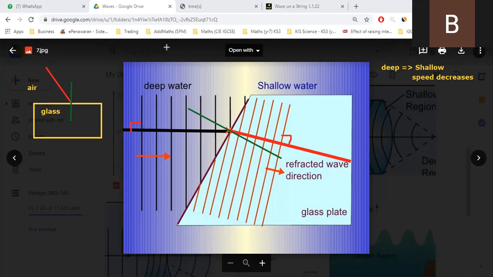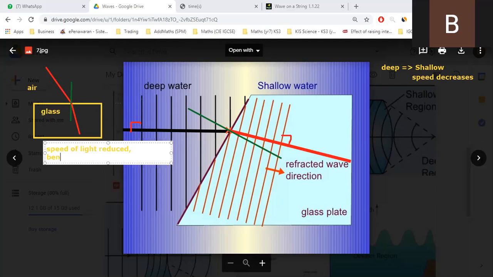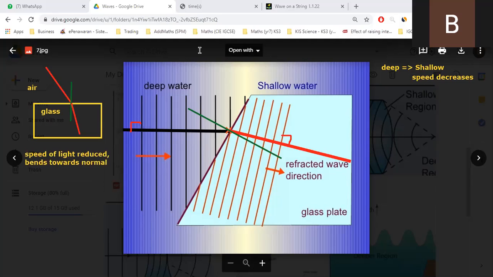Less dense to denser, it bends towards the normal. Another way to see it is because the speed is reduced. That's why it bends towards the normal. So the keyword is that the speed of light is reduced and it bends towards the normal.